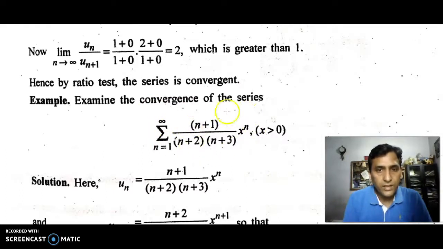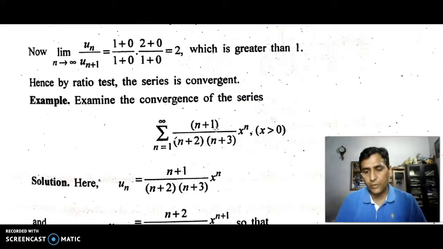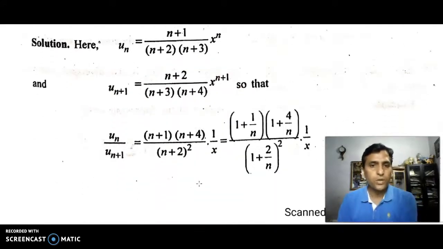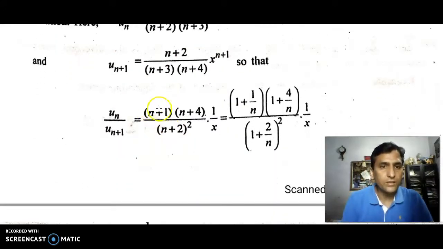Here the nth term is given in a formula. Sometimes it is given as numbers and you have to identify the nth term; sometimes it is given in the form of the nth term. So here the nth term is this whole term. Replace n by n plus 1, and you see the n plus 1 terms. Then you take the ratio, take n common, and n cancels out.